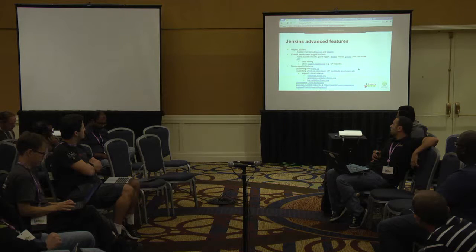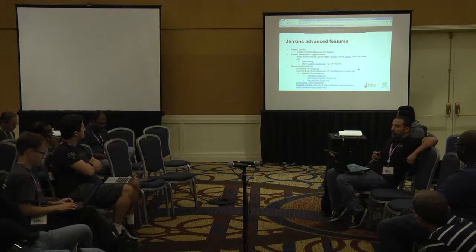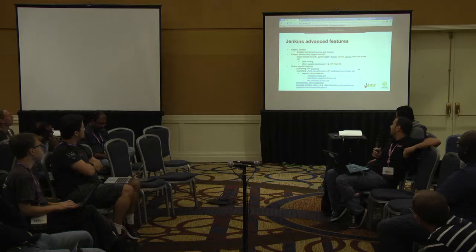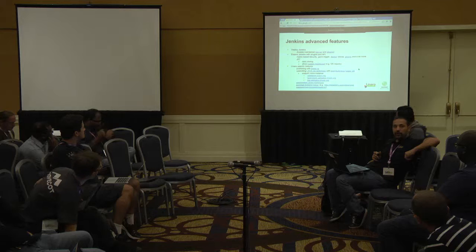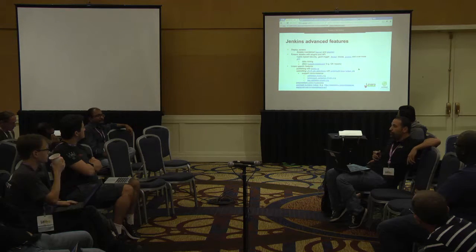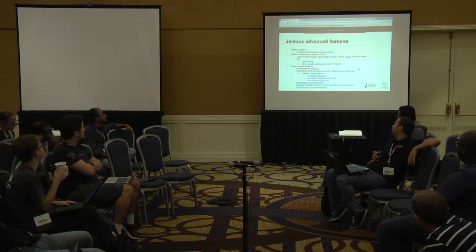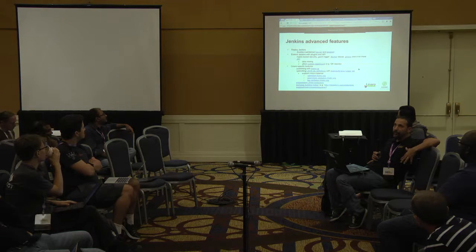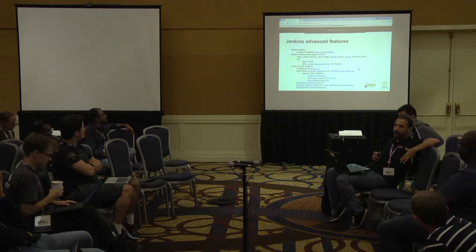So Jenkins can be extended with plugins and API, and we are using them a lot. I'm just mentioning a few plugins that are really important. The matrix-based security plugin provides a feature that you can have public jobs as well as restricted, private jobs, on the same Jenkins master.